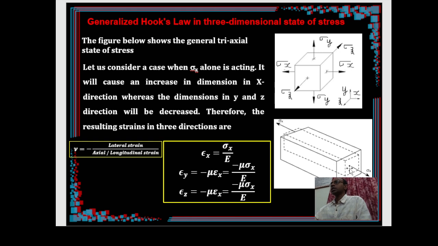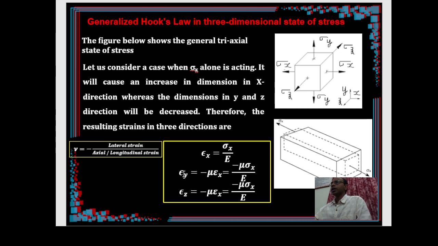In other words, when the stress is acting in the x direction, y and z become your lateral directions. So Poisson's ratio connects both the lateral strains and longitudinal strains. If you know the longitudinal strain, automatically you can get the lateral strains, that is epsilon y and epsilon z, using the Poisson's ratio.